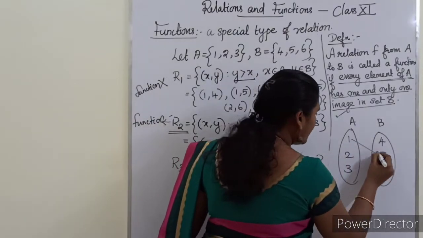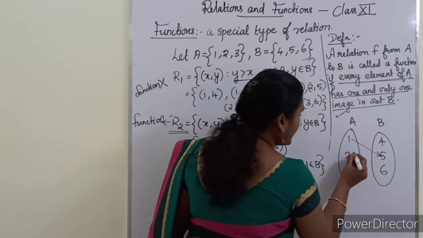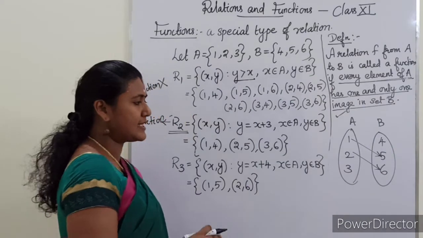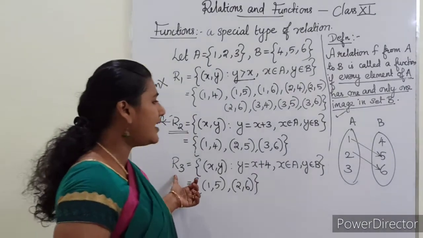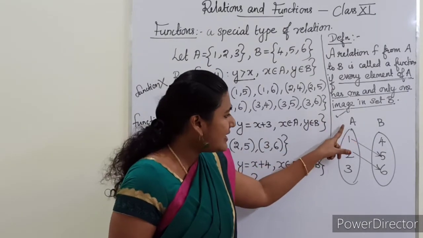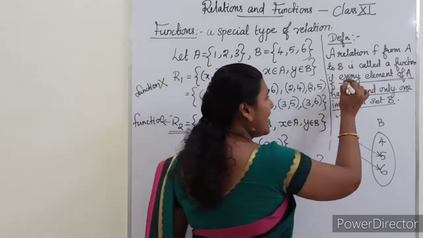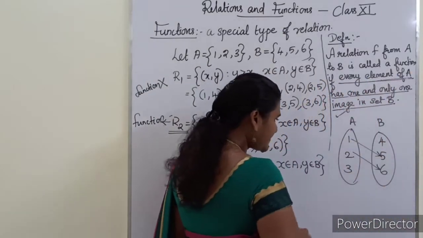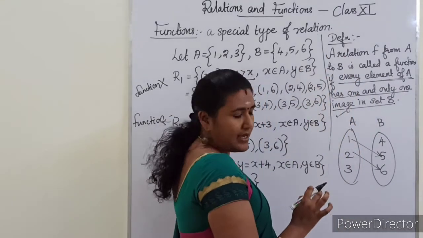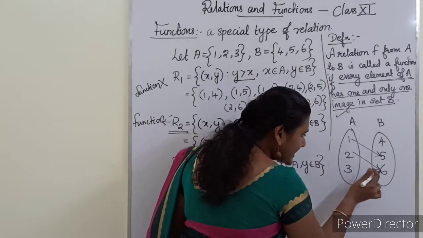1 is related to 5 and 2 is related to 6. Now in the third relation R3, does this relation satisfy this condition? What is the first thing? Every element of A has an image in B. Does every element of A have an image?